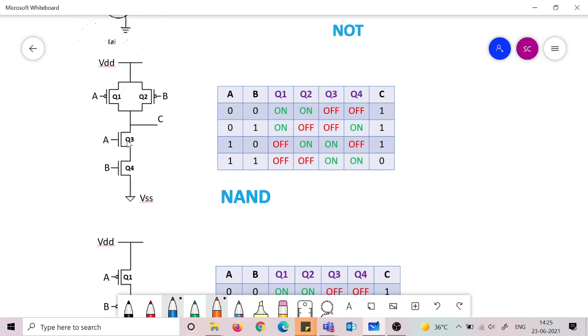Q2 and Q4 are also complementary MOSFETs. In complementary MOSFET circuits, you have to have an even number of MOSFETs, with the same signal going to 2 MOSFETs, one of it PMOS, another NMOS. This has to be there. That is why this is called a complementary MOSFET circuit.